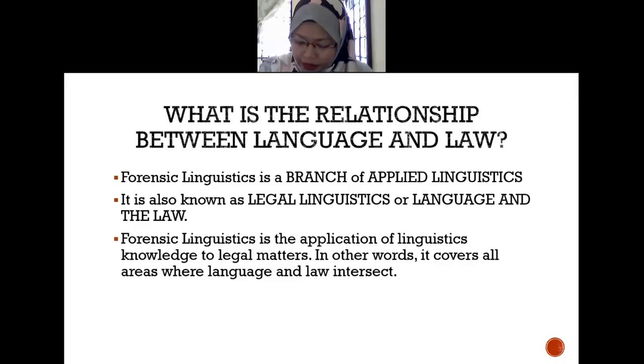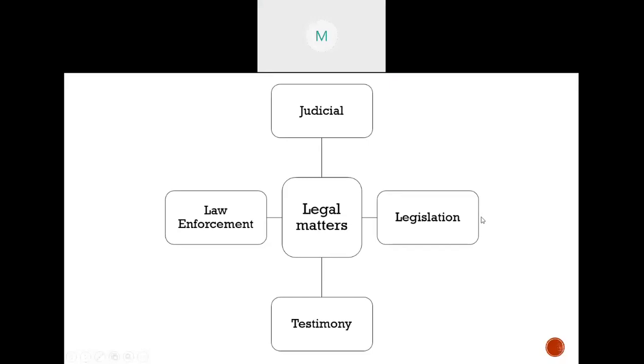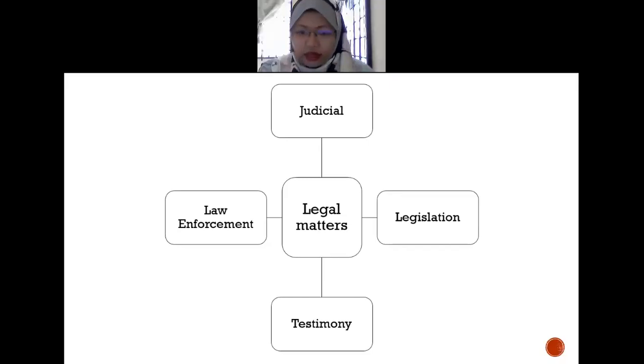Okay. All right. So these are the legal matters: we have judicial, legislation, testimony, law enforcement.